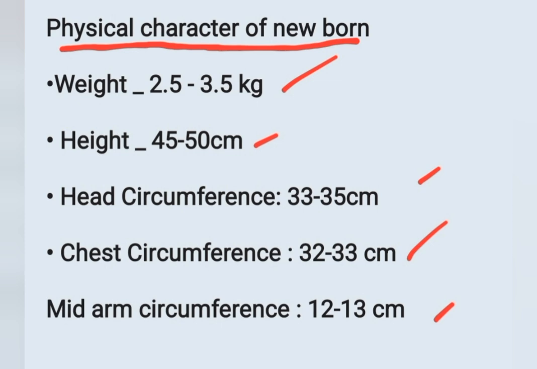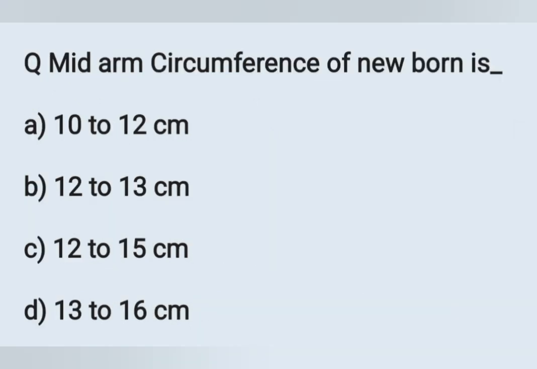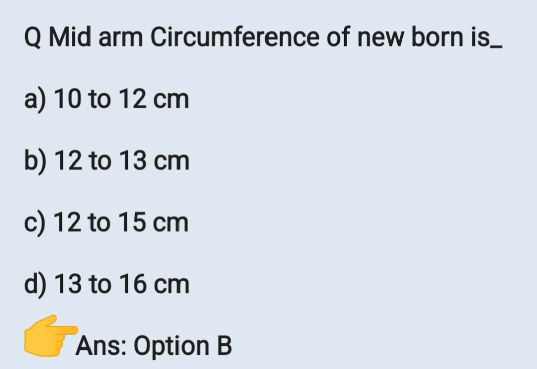At the time of birth, the head circumference is higher than the chest circumference. Mid-arm circumference is 12 to 13 centimeter. So the correct answer is option B, 12 to 13 centimeter.